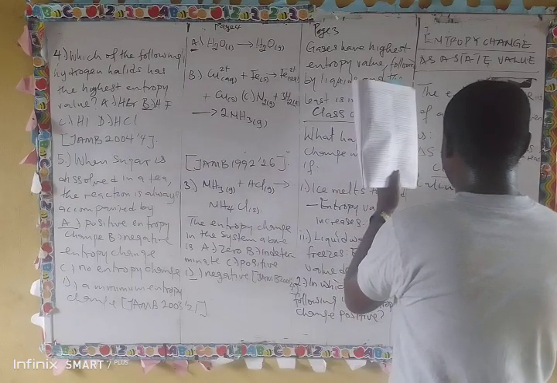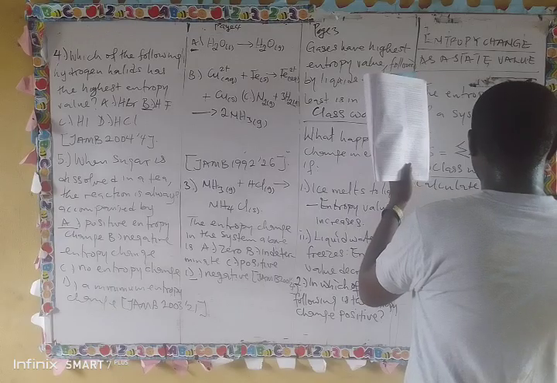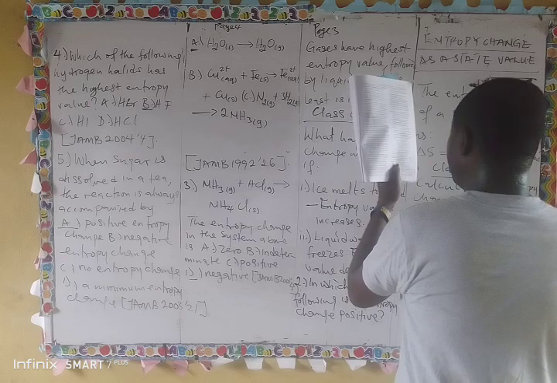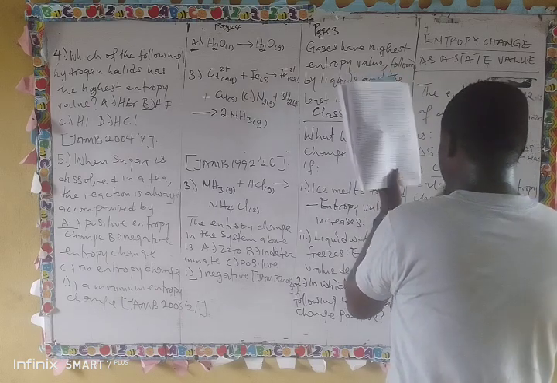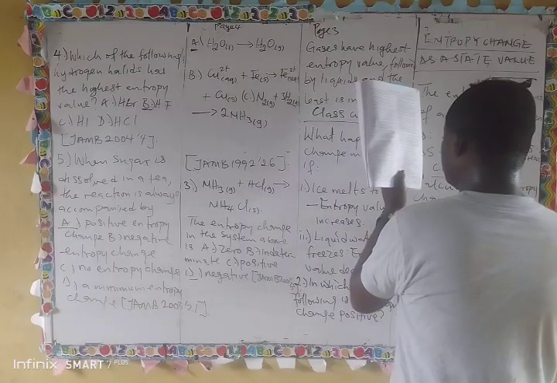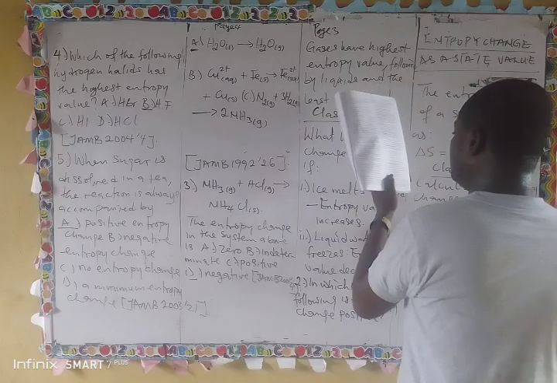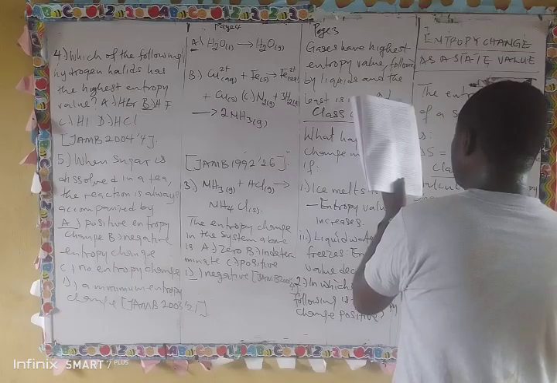Calculate the entropy change when CaCO3 decomposes to give CaO and CO2.